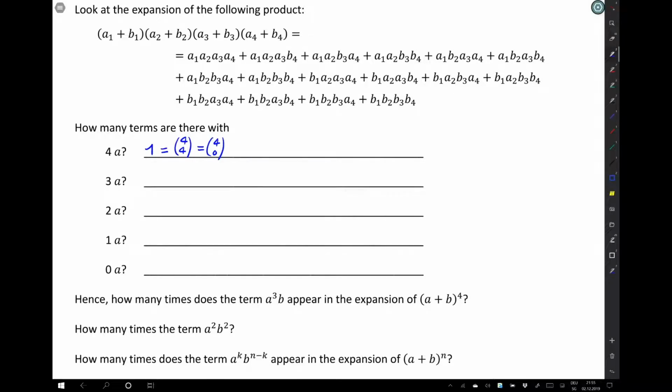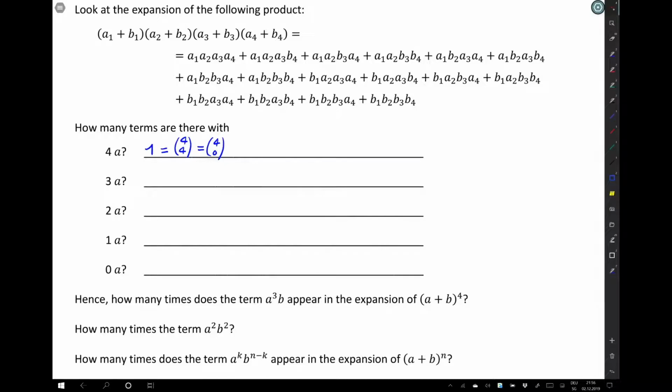And to get 4 a's, this means out of the 4 choices, we have to choose 4 times the a. So how many ways are there to choose 4 times the a in 4 choices? Well, exactly 1, or 4 choose 4. By the way, that's the same as choosing in 4 times never a b, so 4 choose 0. So there is one possibility of getting 4 a's, namely 4 choose 4 or 4 choose 0.